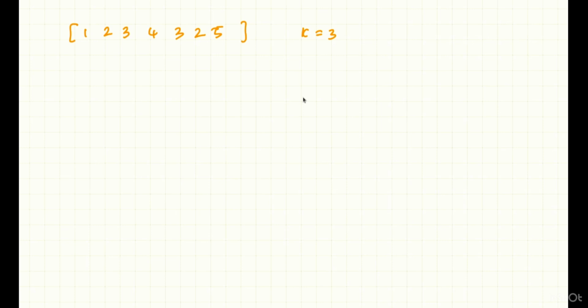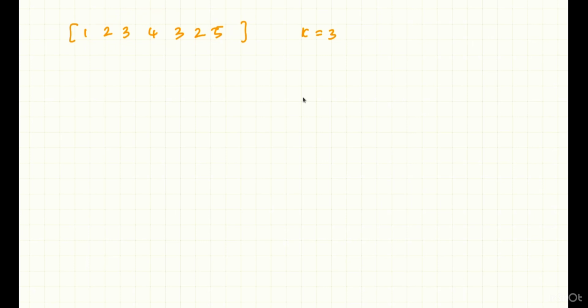So the idea is we have to choose a subarray of size k, which is 3. If you see, these are all possible subarrays of size 3, and all the elements in a given subarray have to be sorted and the elements should be consecutive to each other.